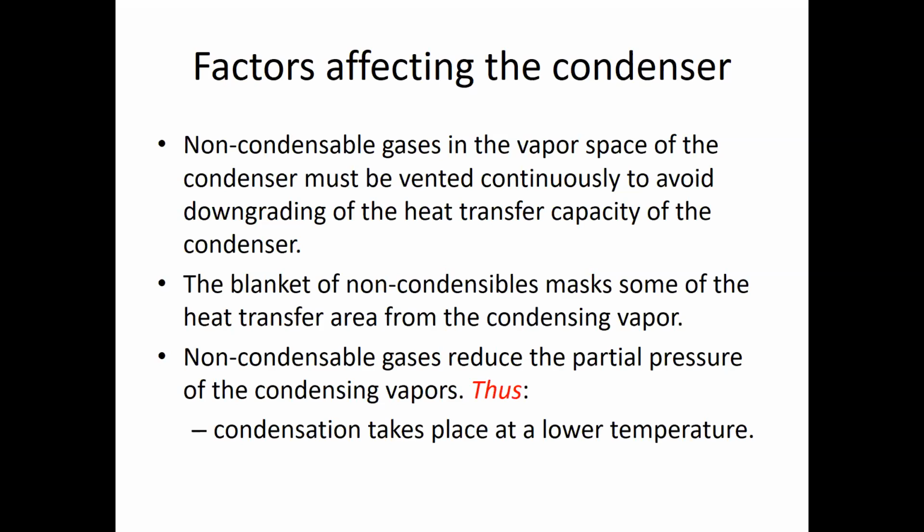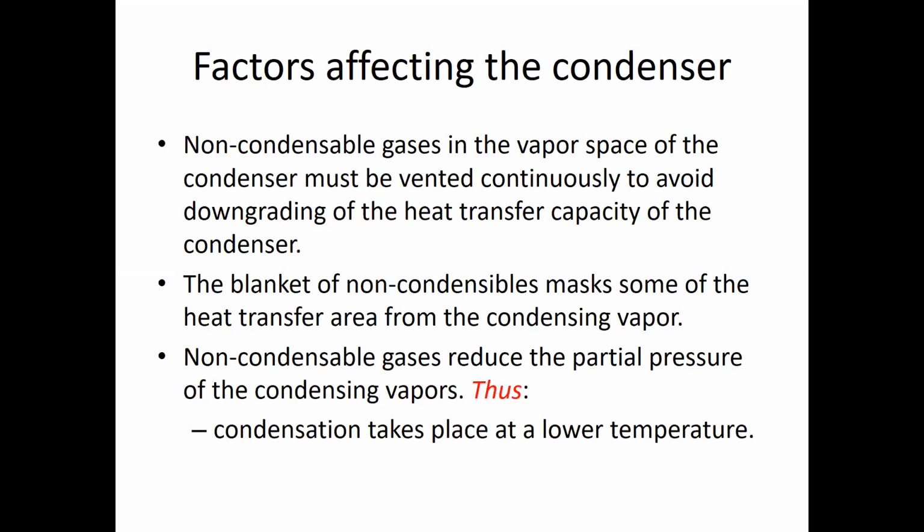So we have a problem of what we call non-condensable gases located inside the evaporator due to the evaporation of the seawater. If you leave them there, they are going to surround the tubes and act as a layer of insulation. You don't want that to happen. So we try to get rid of these gases.